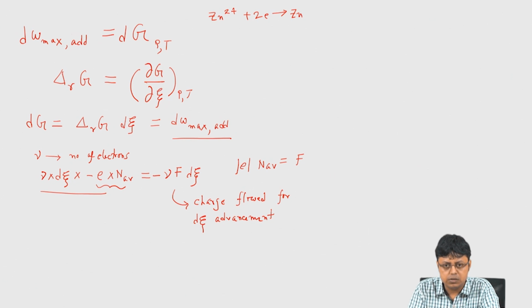Because all these reactions are written in terms of 1 mole amount of the species, you can think that if one charge flows through a circuit through a potential drop, which we call E, then the work done will be the charge multiplied by this potential drop.